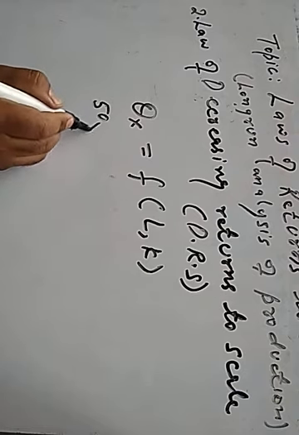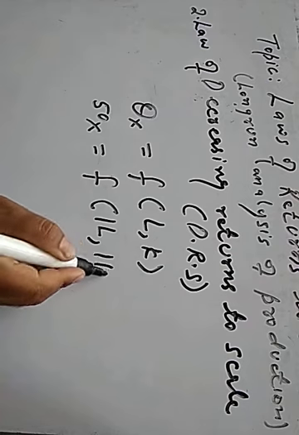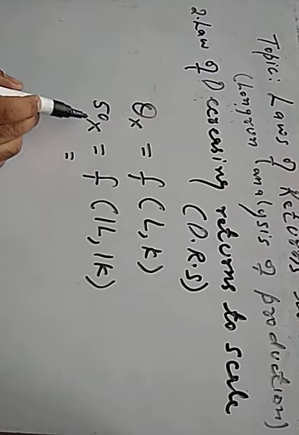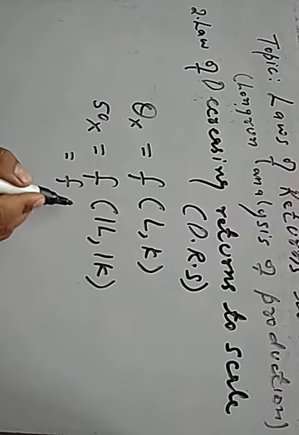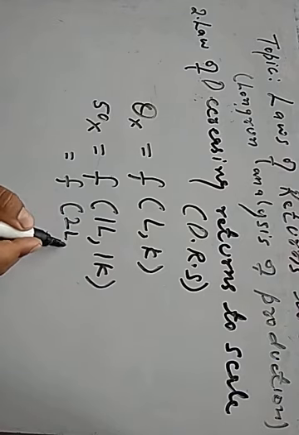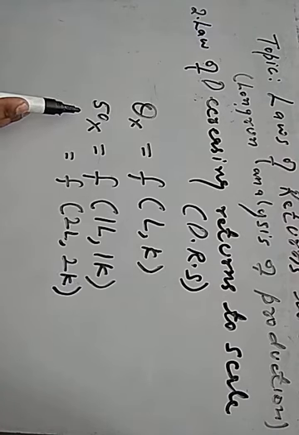If 50 units of X is produced with the help of 1 unit of labor and 1 unit of capital, to increase the level of output, we have to increase the factors of production. Suppose we have increased from 1 unit of labor to 2 units of labor, from 1 unit of capital to 2 units of capital. It should have increased to 100 units of X, because we have doubled the inputs.